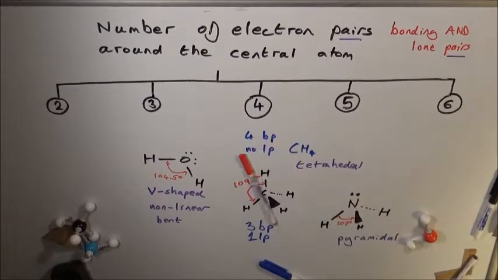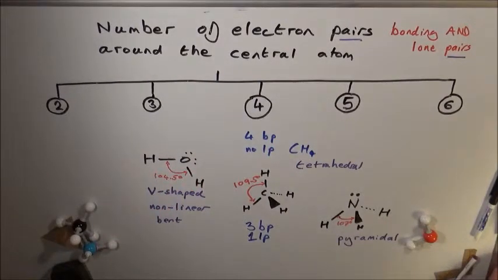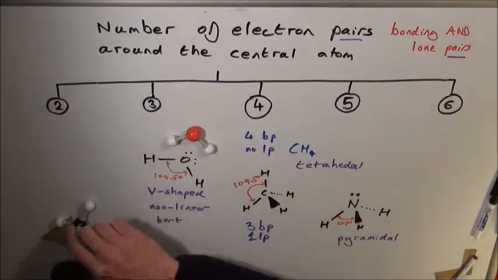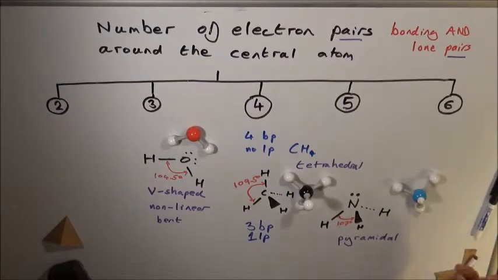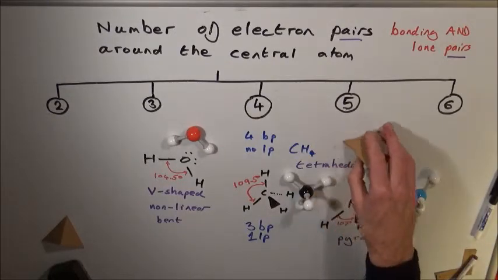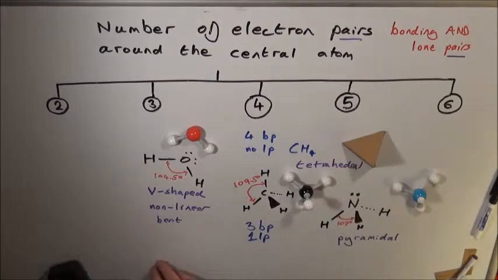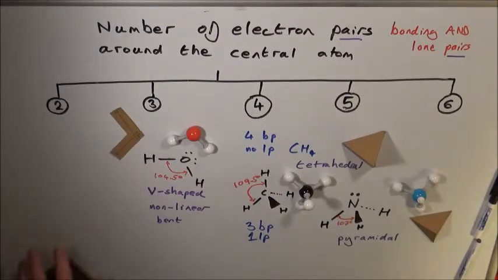Now just a little word on the sort of language you have to use in explaining these shapes in answers in the exams. Let's just put all these in their place. That's the tetrahedral, that's the pyramidal, and that's the V-shaped.